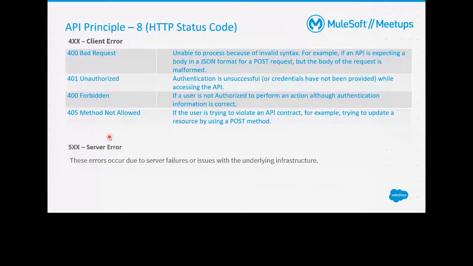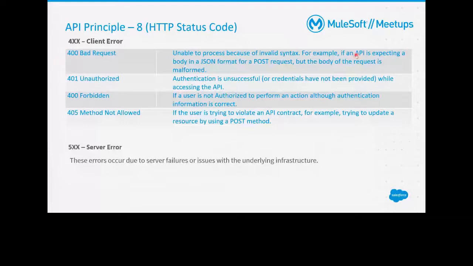What about the 4xx, or the 400s? The first one is the bad request, 400, often very popular. Somebody at some point will use your API and pass invalid syntax, and it will fail. Whenever the server is not able to process because of invalid syntax, or it doesn't comply with the contract that you created, it gives back a 400 bad request.